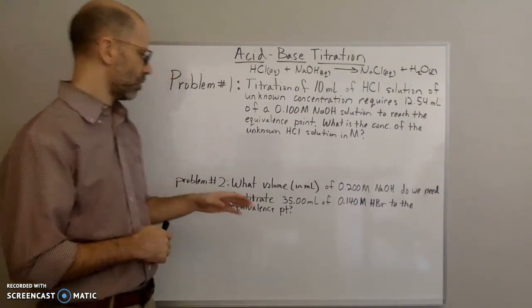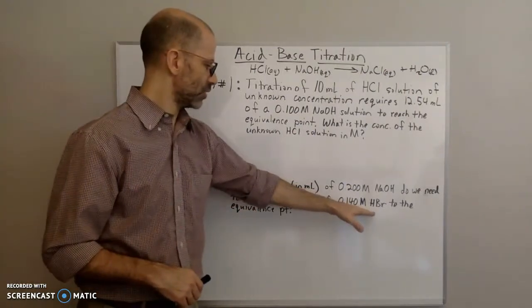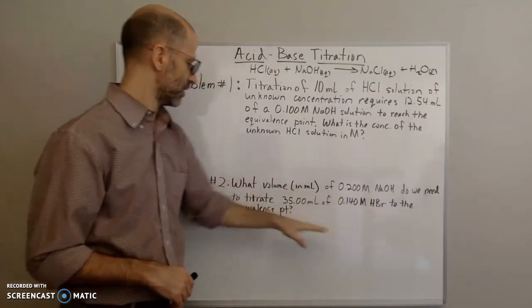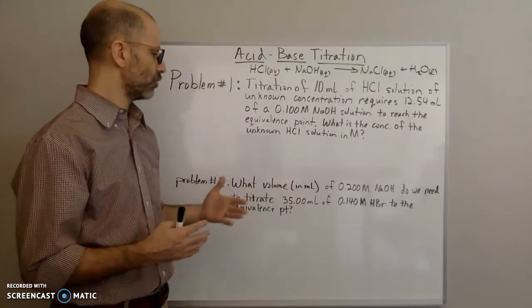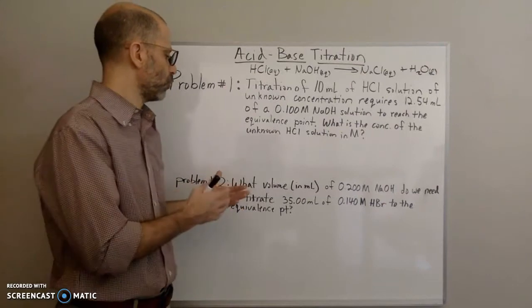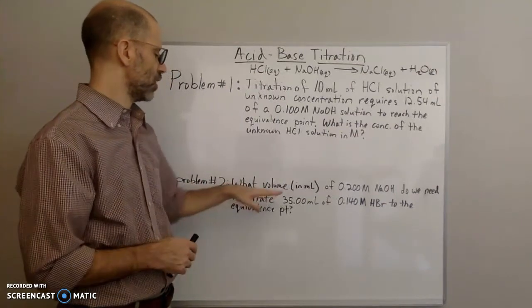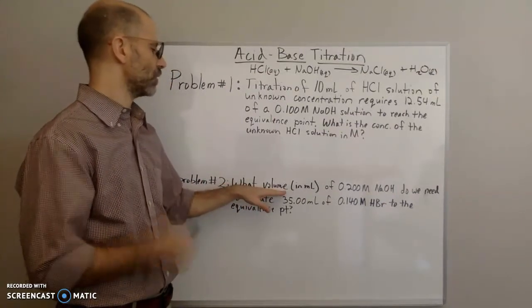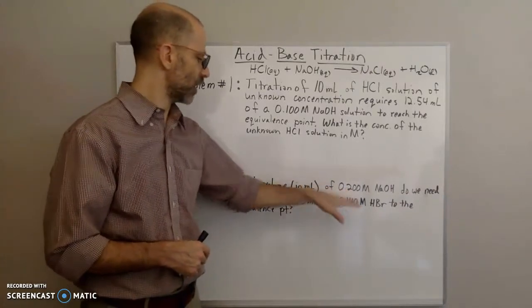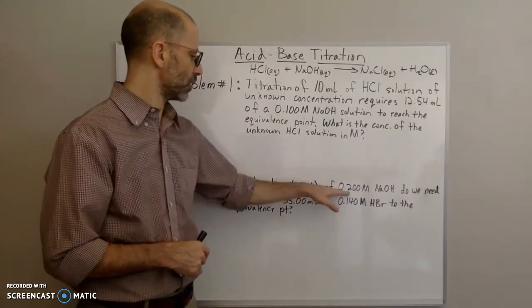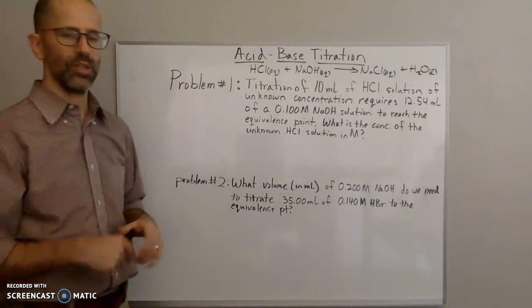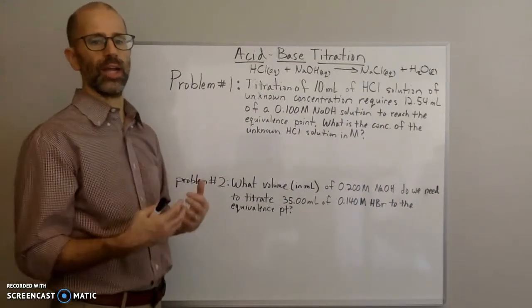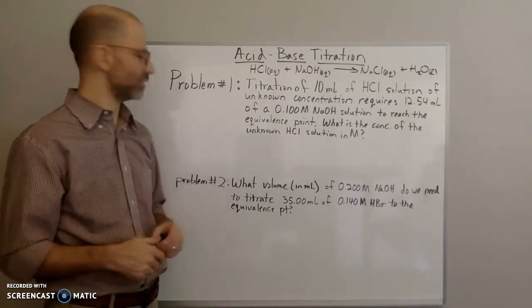Here, they're giving you the concentration of the acid and the volume, and they want you to say, okay, if we're going to do a titration, what is the volume we would need in order to titrate this if we know the concentration of our NaOH. So it's a little bit different, but the way we're going to solve it is exactly the same.